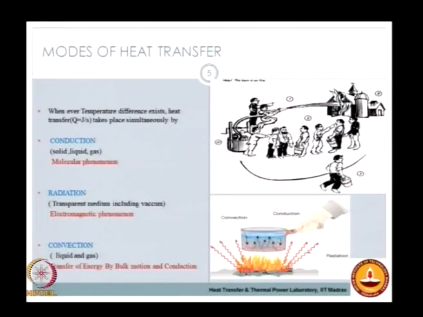Now radiation is similar to process number 1, where you don't rely on any medium to transport, but you can directly transport heat even in the mediumless case, even outside of the Earth's atmosphere.